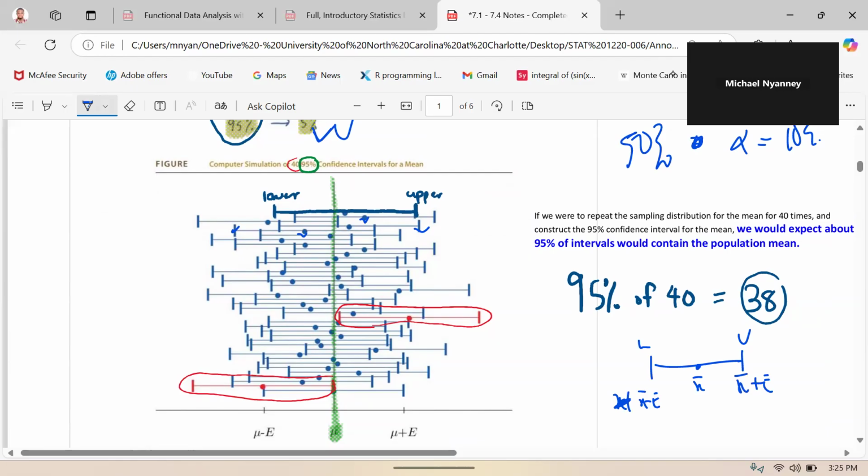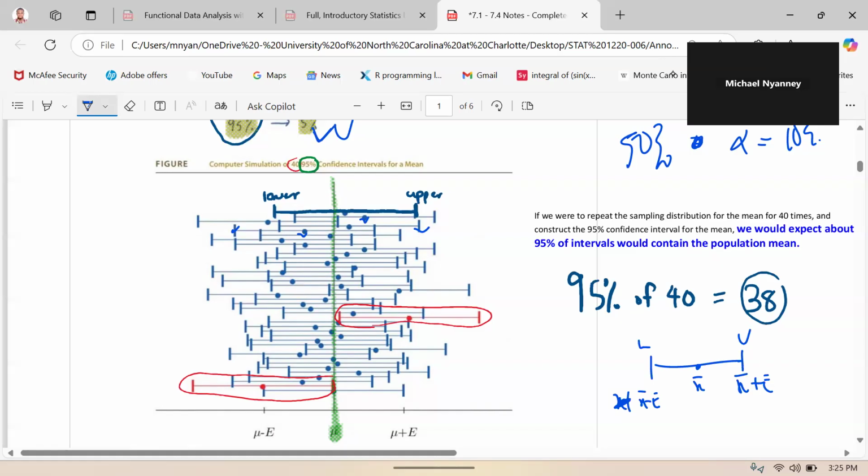If you create such an interval 40 times, 38 of them will contain the parameter of interest, and 2 will not. The 2 is the 5%. If you multiply 5% times 40, you get 2. So the 5% is my alpha. It's some kind of error that we talk about.